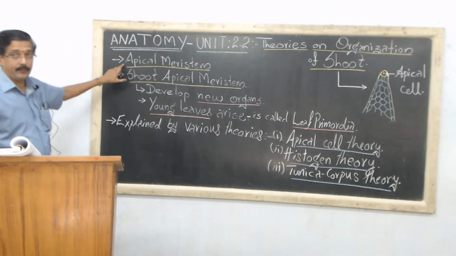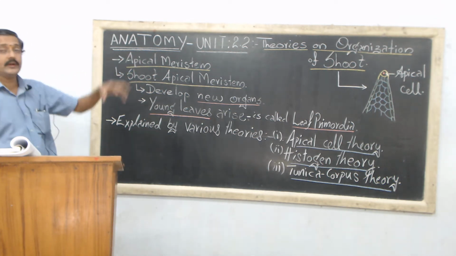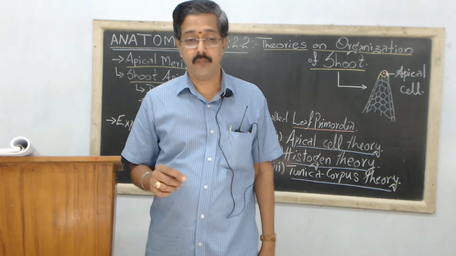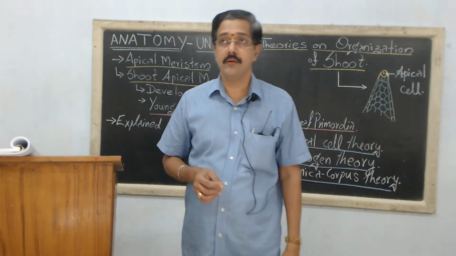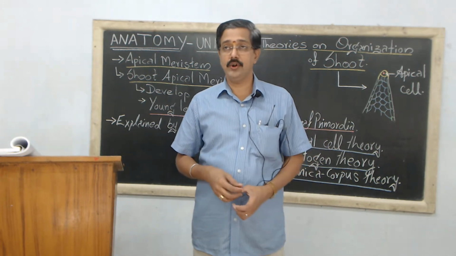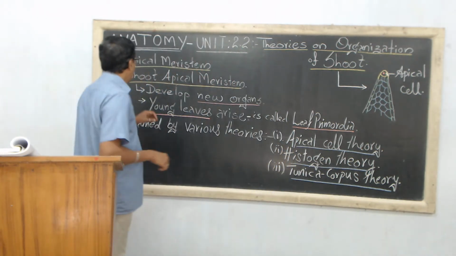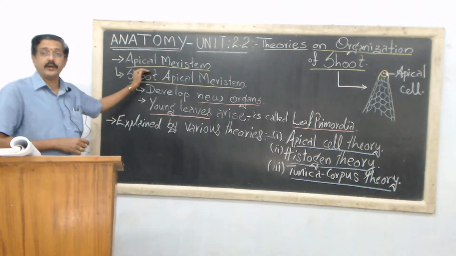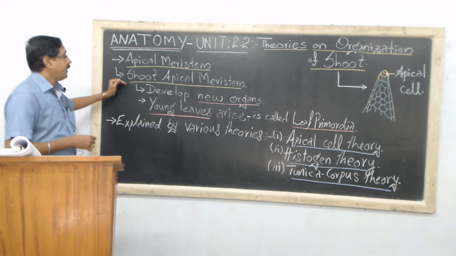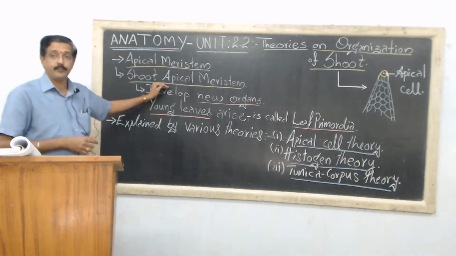So, come to the organization, how the shoot is getting organized. From an embryonic cell, the single cell multiplies and a mass of cells and tissues is getting differentiated, and from that mass of cells, the apical meristem is differentiated, and from the apical meristem, the apical meristematic cells are getting de-differentiated into shoot apical meristem.